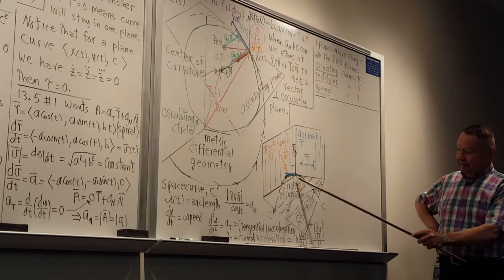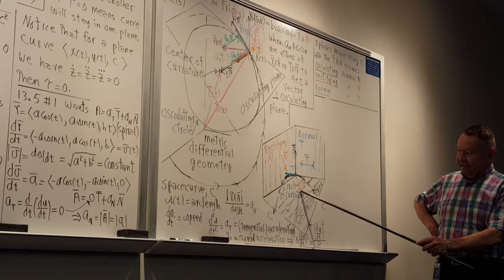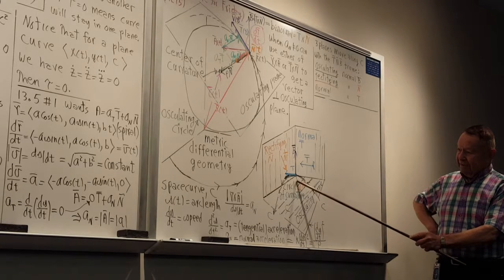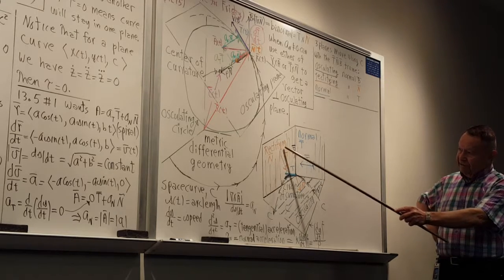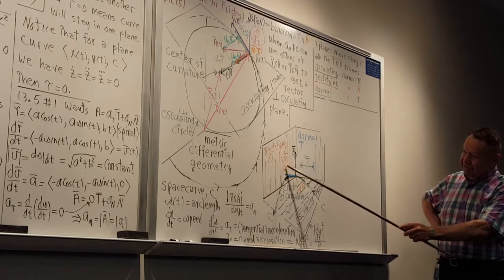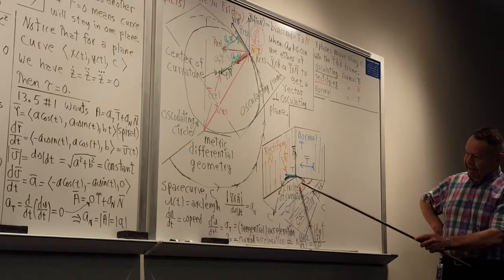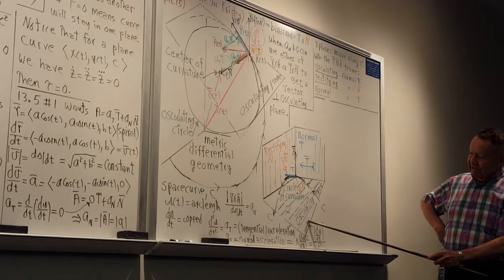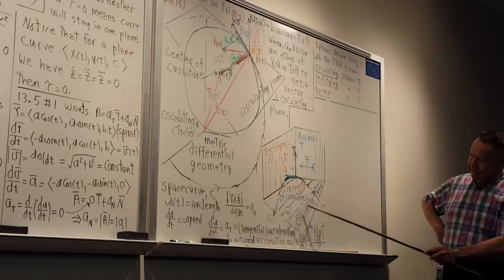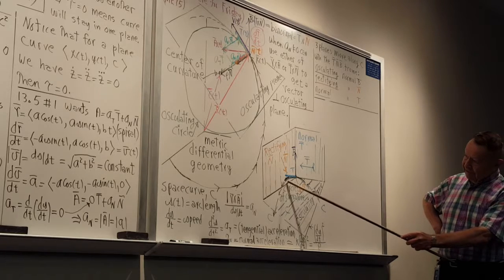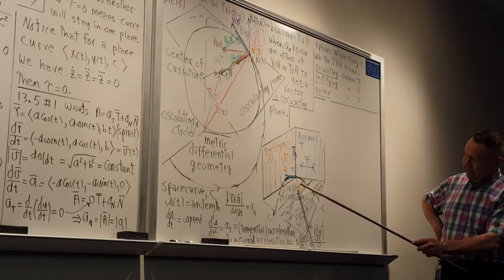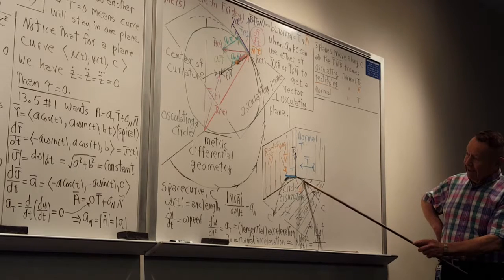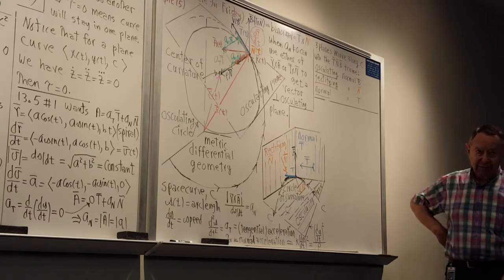Then off to your left is the normal vector n, which is normal to this plane that Gauss called the rectifying plane, and it points to the center of the circle of curvature, which is in green here, and would have the same curvature that the curve in black has at a given point.